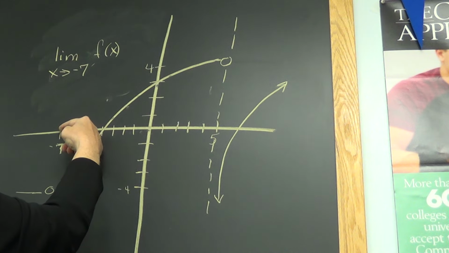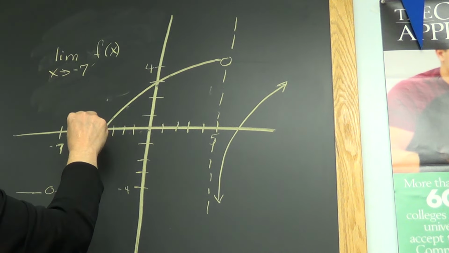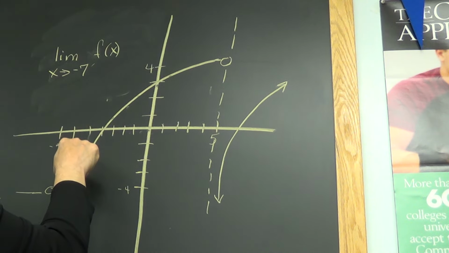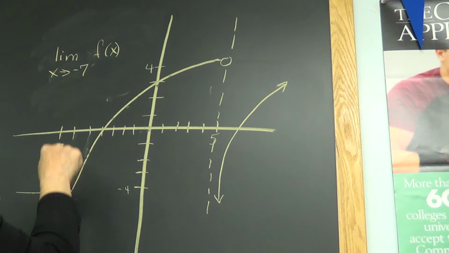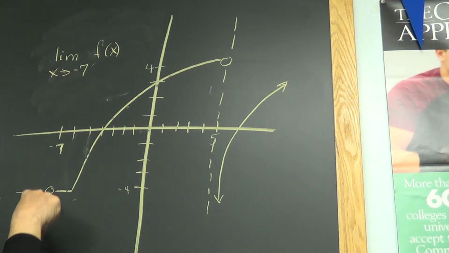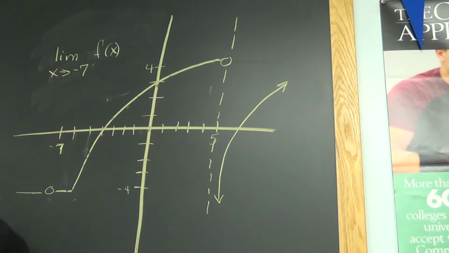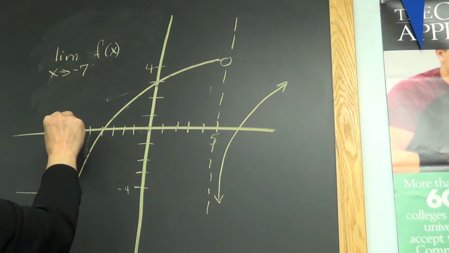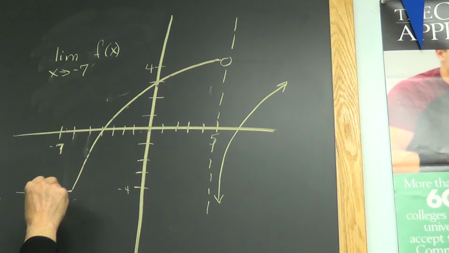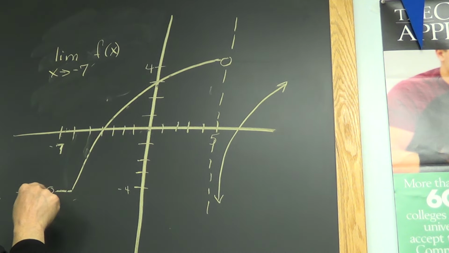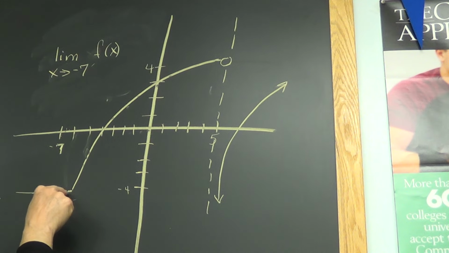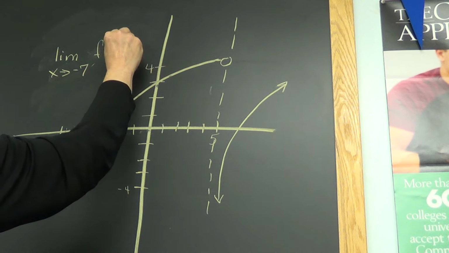So I come in from the right, look what the values are doing. I'm getting closer, closer, closer, closer. It has a hole here, but it doesn't matter because I'm never going to reach minus 7 where the hole is. So the closer I get to minus 7, the closer I get to the value for this straight part, which is at minus 4.